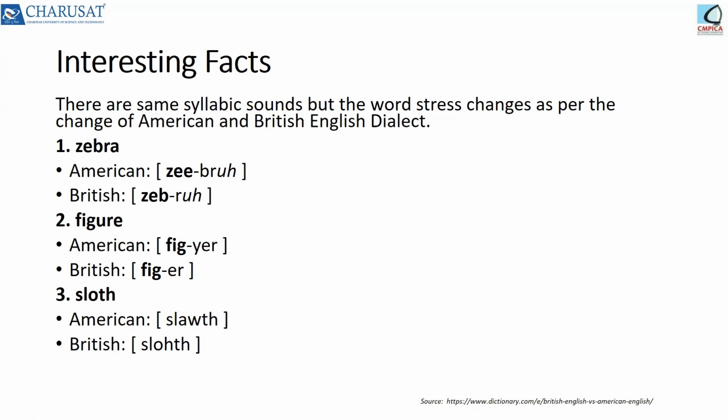Right? There are going to be many other words as well, such as dynasty, such as schedule, such as lieutenant. How many syllables do we have in the word dynasty? This is just for your understanding. Dynasty, so three syllables. If it is three syllables, which syllable takes the prominent sound?